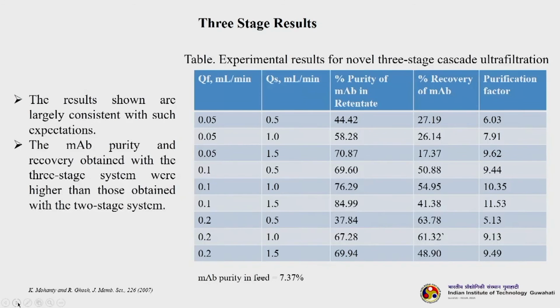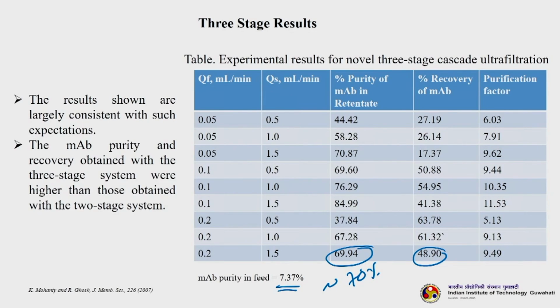Here the initial purity is 7.37, and from 7.37 we have gone to 69.94, close to 70%. So from 6 to 7% initial purity, in two stages we got almost 60%, and in three stages almost 70%. The MAB purity and recovery obtained with the three stage system are higher than those obtained with the two stage system. Recovery is also very important, because these are very costly products, and the purification factor is also 9.49, which is very good.